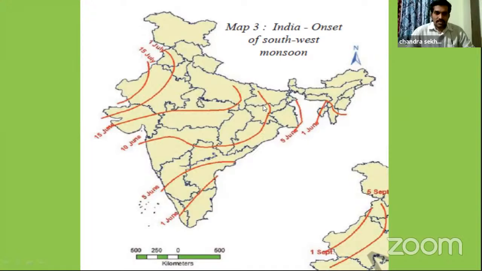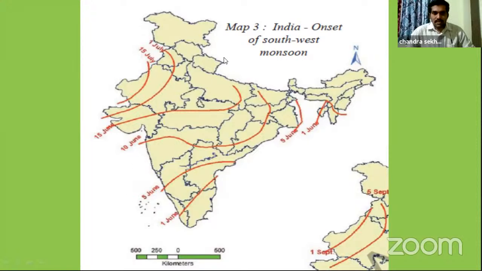By the 10th, they reached up to Bihar and Uttar Pradesh. By 15th June, they reached up to Uttar Pradesh, and by 15th July, they covered all of India. So up to July, the southwest monsoon spread all over India. This is the rainy season of India, and particularly from mid-June to mid-September we experience full rains because of the southwest monsoons.